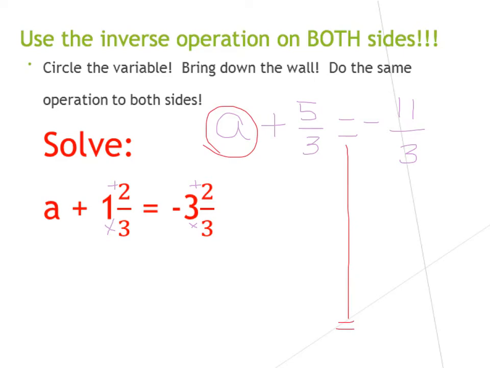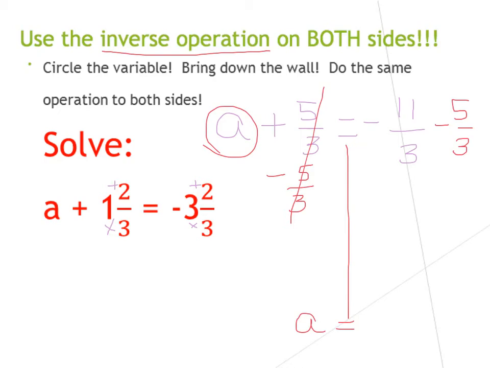And the first thing says to add 5/3. Well, I know that I'm going to do the inverse operation, and the inverse of adding is subtracting, so I'm going to subtract 5/3 on both sides. And I know that 5/3 minus 5/3 cancels out and leaves me with a. And then if you notice over here, I wrote the minus 5/3 right next to the negative 11/3.